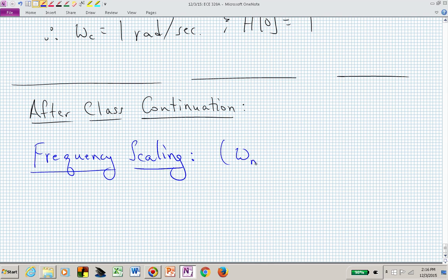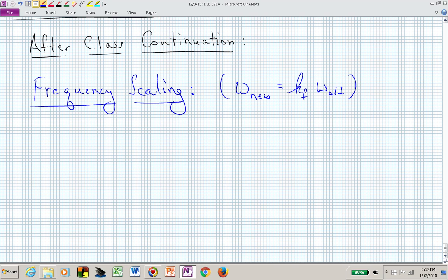Now we want our new frequency to be K sub F times our old frequency, where our old frequency was 1 radian per second, and our new frequency is 2 pi times 100, or 2 pi f new, where f new is 100 hertz. If we take the ratio, K sub F is omega new over omega old, our final frequency over our initial frequency.